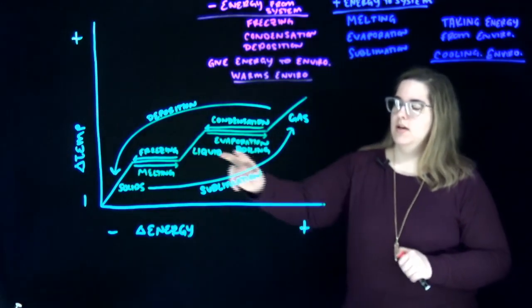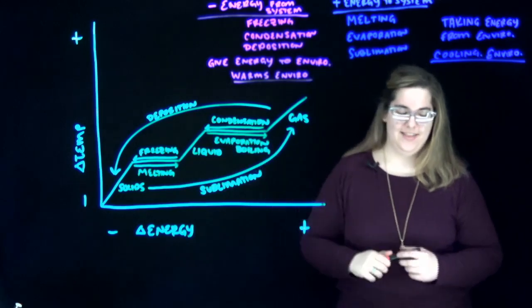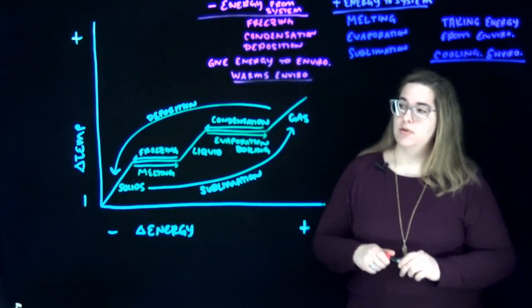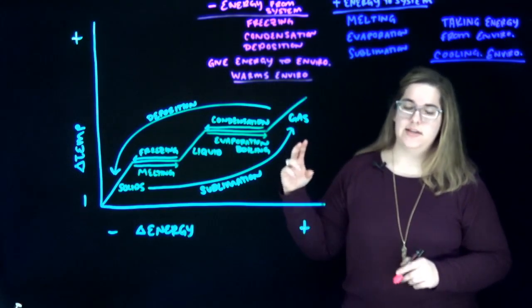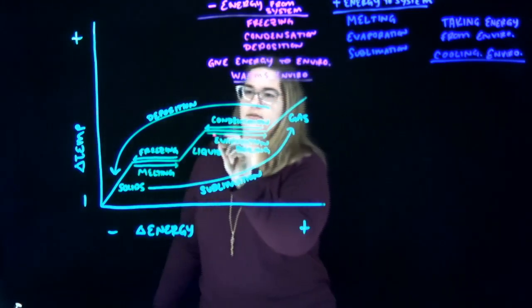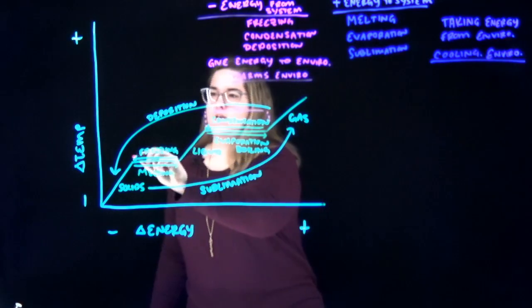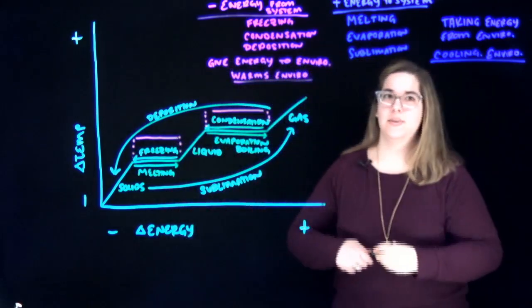So we have fusion and vaporization, and this is the latent heat of them. And remember, the latent heat is the change in energy without an associated change in temperature. So it's only those areas that are flat lines in here and in here. And that's latent heat.